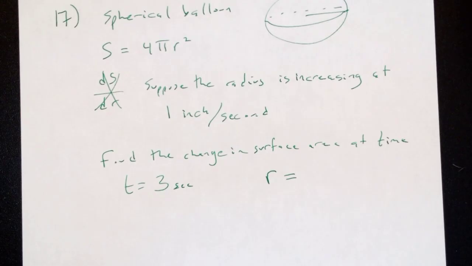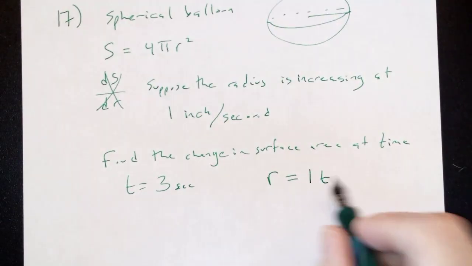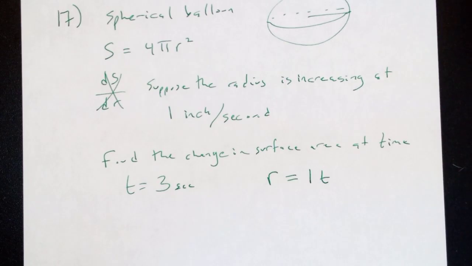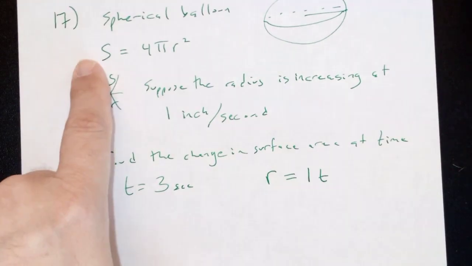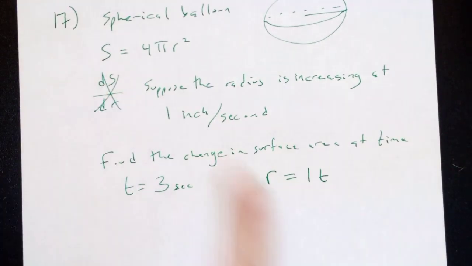What graph has a constant slope? A slope that's always the same. A straight line, right? And in this case, I'm telling you the slope is 1. So that means that r should be 1t. Well, I can change my formula. And I can write surface area in terms of time, can't I?